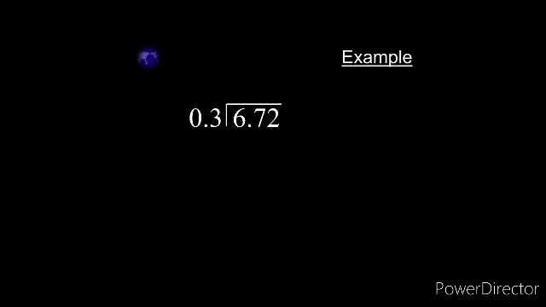So the rule, class, just like in this example, you need to first locate the decimal point in our divisor. Then after that, you will move that point to the right. So here, class, our divisor is 0.3.